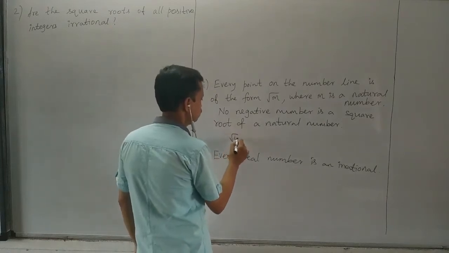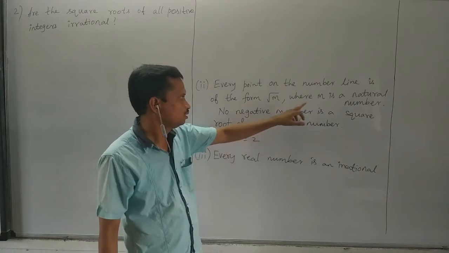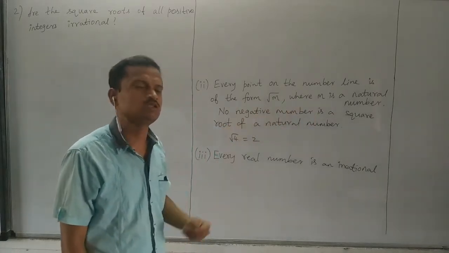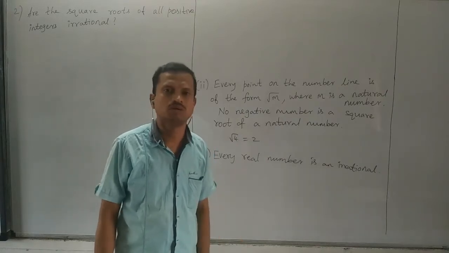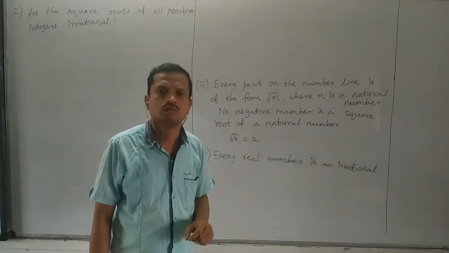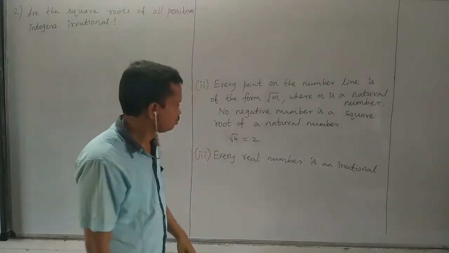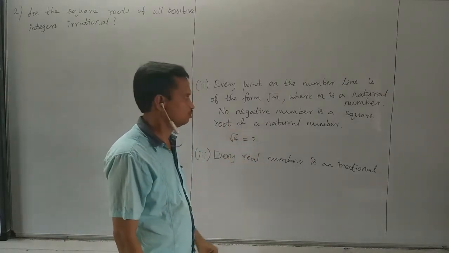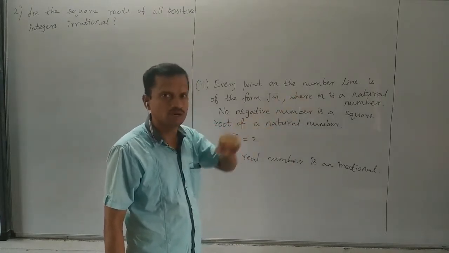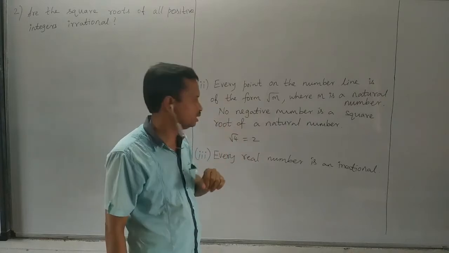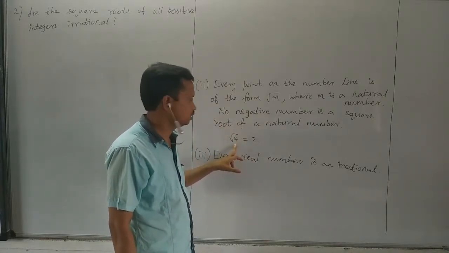For example, root 4, you get 2. Don't say minus 2 because m is a natural number. Natural number means only positive numbers, 1, 2, 3, etc. If you take the square root of a positive number, you should not put the negative value for the square root.